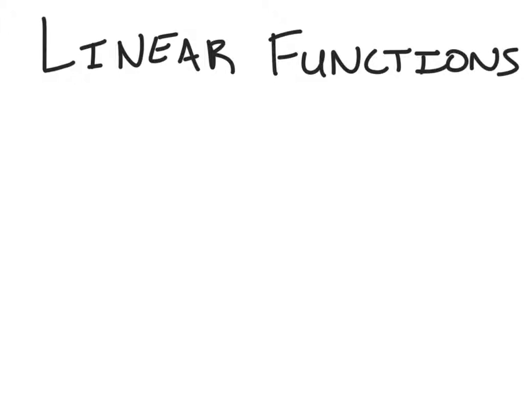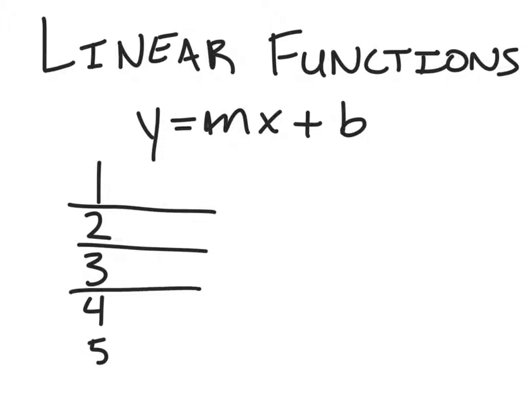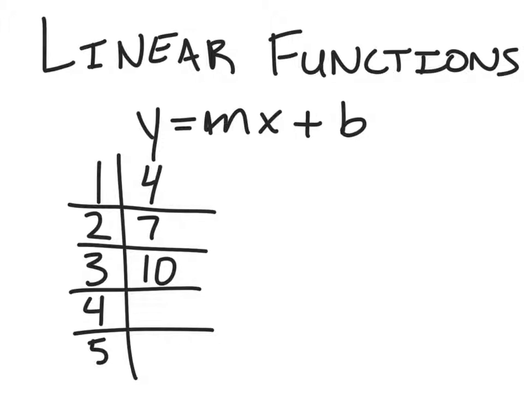And hopefully all of you know that linear patterns work by the rule y equals mx plus b. An example of a linear pattern might go, for steps 1, 2, 3, 4, 5, I'm going to start with 4 and go by 3s: 4, 7, 10, 13, 16.